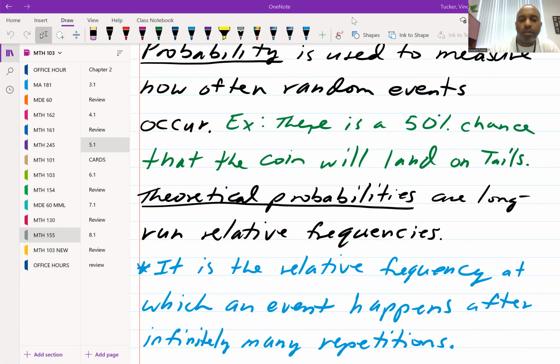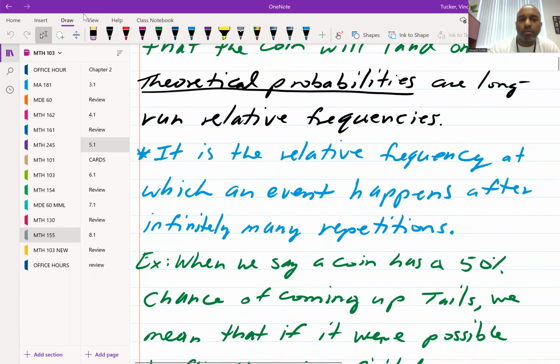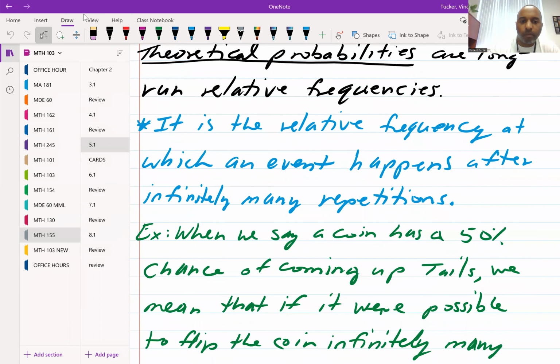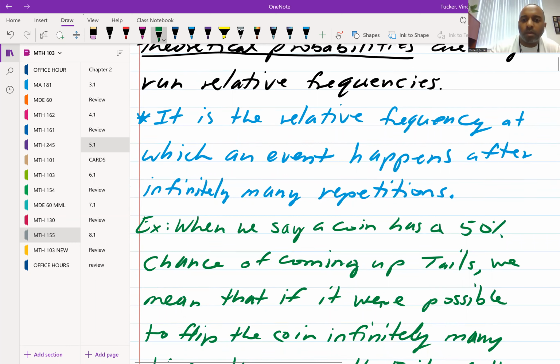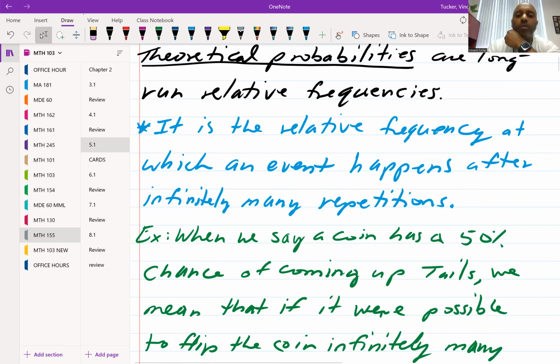All right, are we up to the green statement? Anybody holding on to the black sentence?